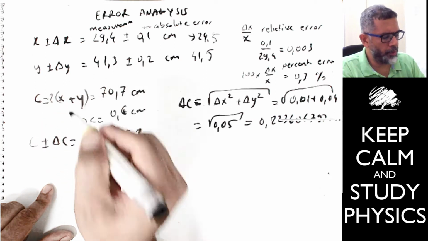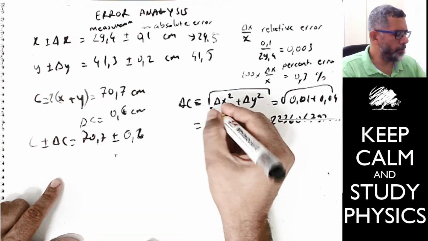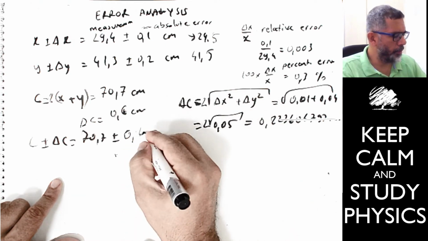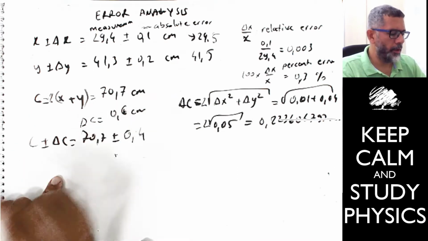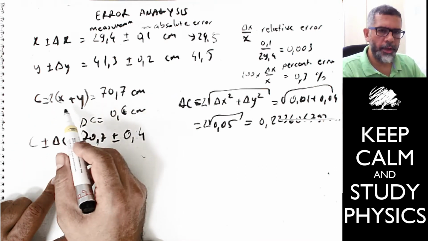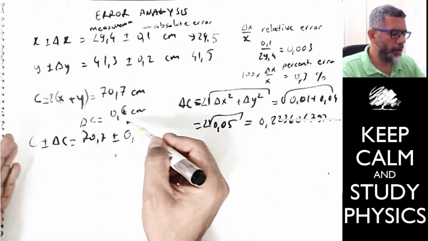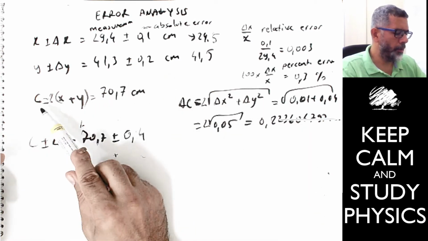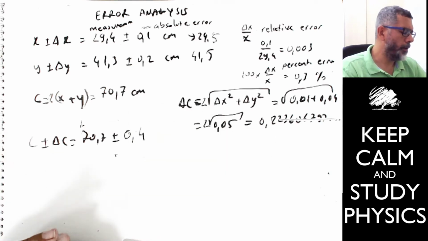If you're talking about circumference, in that case your error will just be multiplied by 2, so you just get 4 over here. The circumference is something else, not only x plus y, but 2 times x plus y. So in that case, the error also will be modified with that same factor. You just put that factor over here. Okay, so what next?